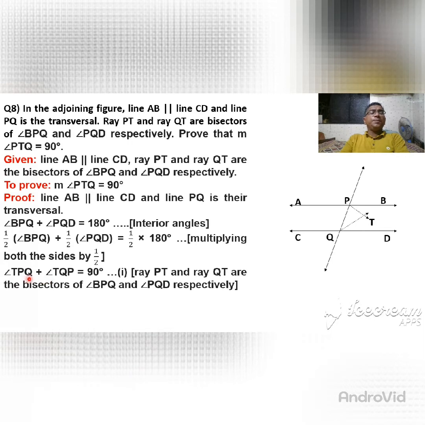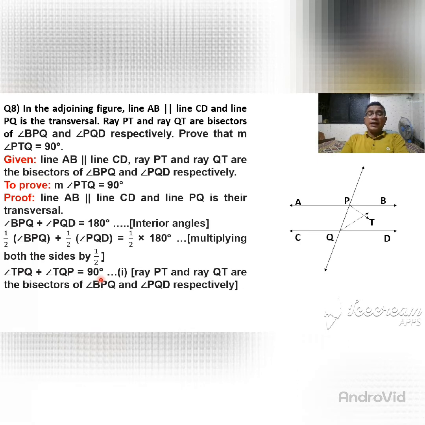So angle TPQ plus angle TQP is equal to 90 degrees. How is it 90 degrees? Do you understand? Because angle P and angle Q are interior angles, but their angle bisectors are PT and QT, so half, divided into equal parts, is 90. So angle TPQ plus angle TQP is equal to 90 degrees.